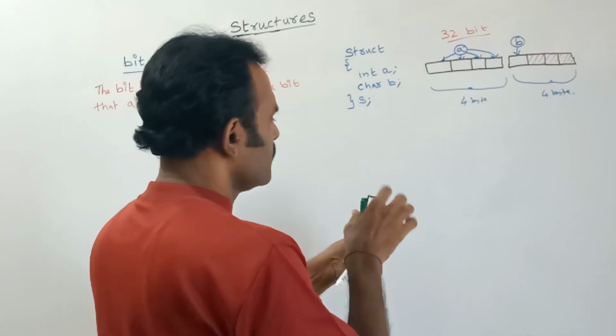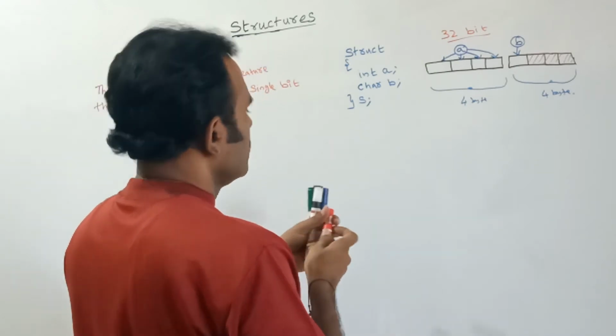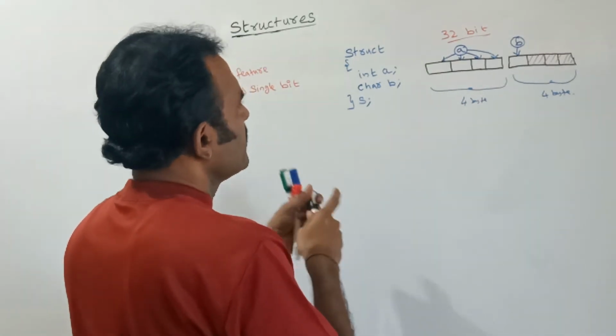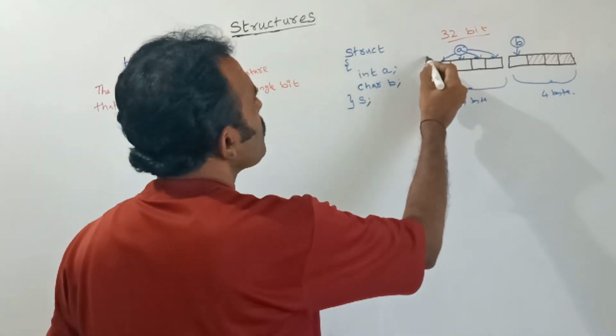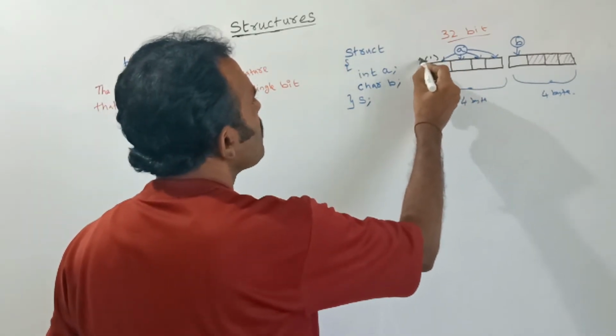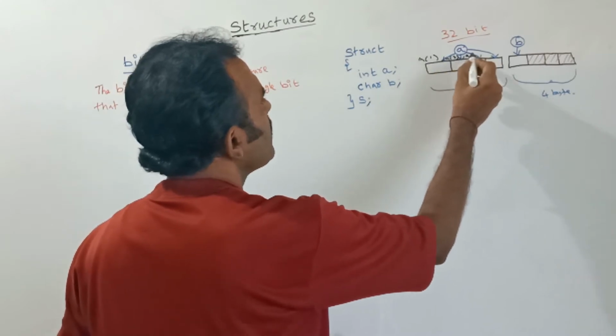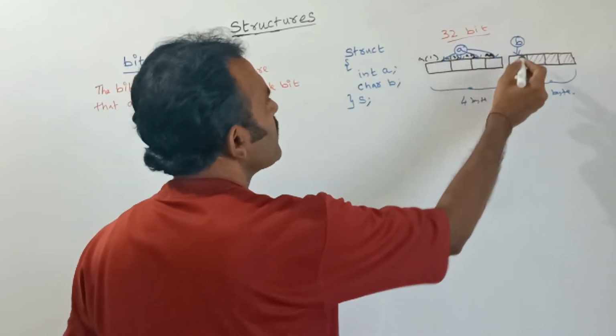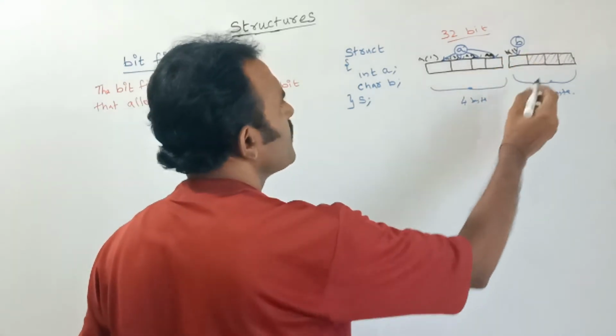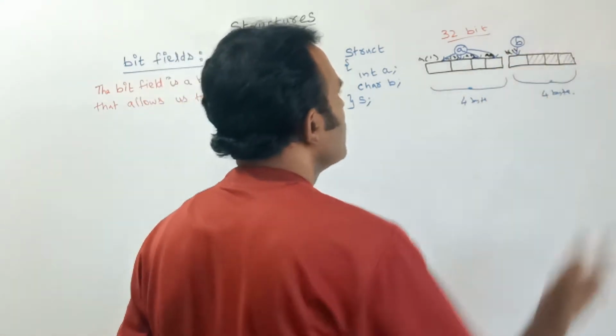Here A occupies the value: A of first byte, A of second byte, A of third byte and A of fourth byte. Here B of first byte, and the remaining bytes are free bytes.